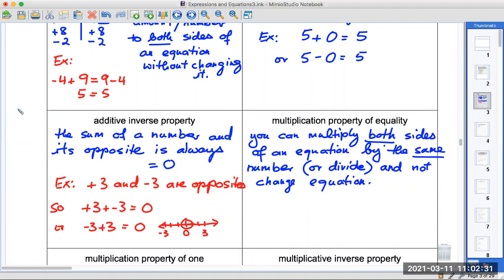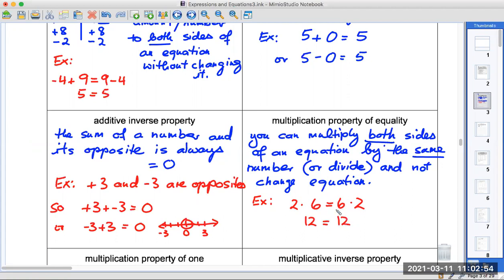So for example, let's say I have an equation and I'm making up numbers, guys. 6 is equal to 6. That makes sense to everybody, right? But if I multiply both sides by 2, remember both sides by the same number, won't I have the same result again?